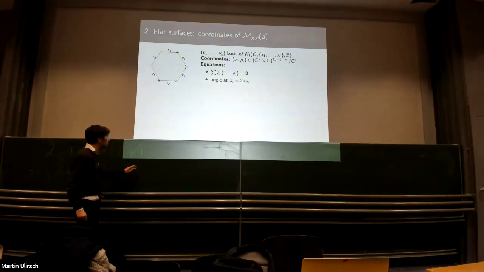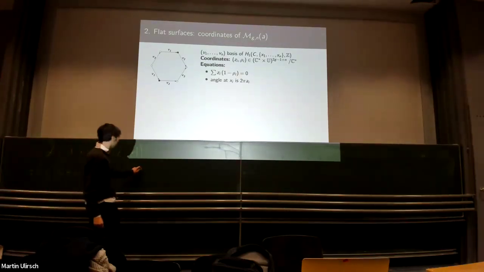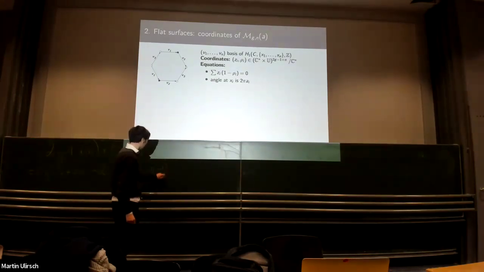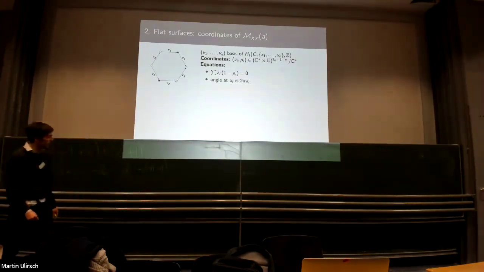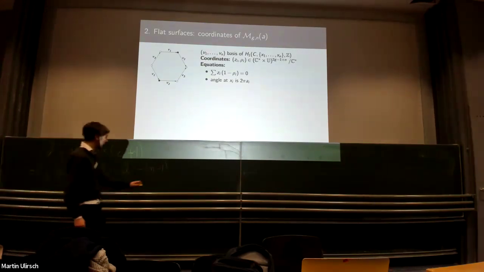So this gives an equation. It's a complex equation, so it's minus 2 parameters, and then I have to fix that the angles at the xi are 2 pi ai. So this gives n minus 1 conditions, because if you fix n minus 1 of the angles, the last one will be determined. If you make this computation, normally you should find it.